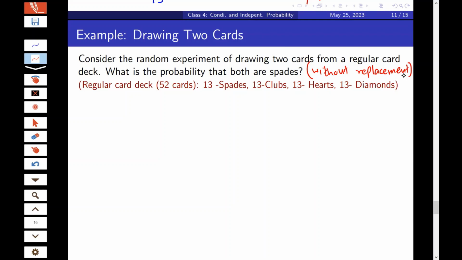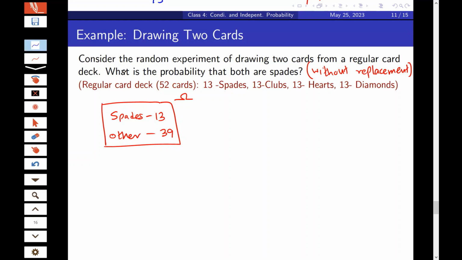So let's write down the sample space omega. We have 13 spades, and other cards we have 39. So not spades we have 39 and spades we have 13.